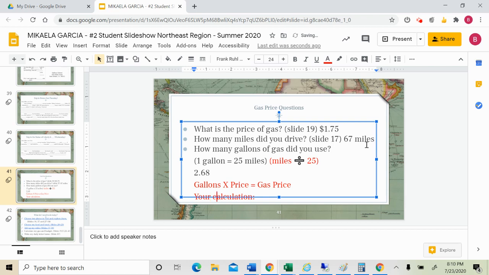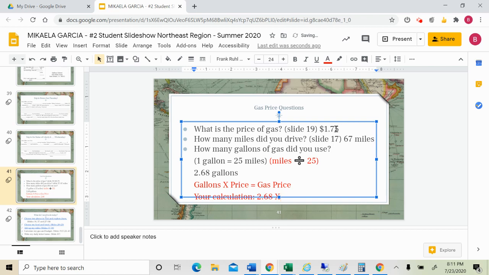Now to find out our actual gas price, what we care about, it's in the red. So it's gallons times price. So how many gallons did we use? We just figured out that we used 2.68 gallons. And remember, you're filling this in with whatever numbers you used from your trip. And we're multiplying it by the price.